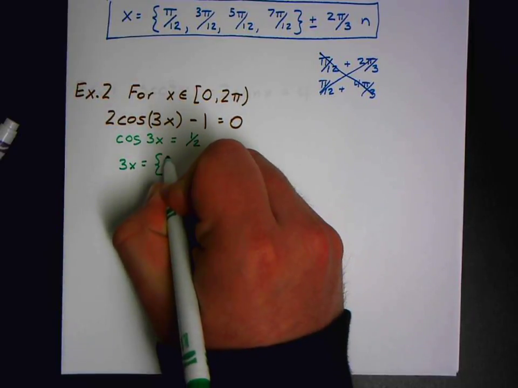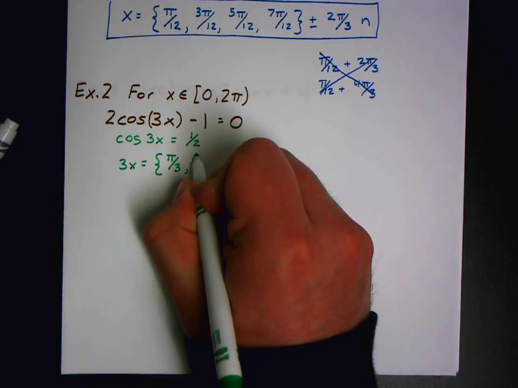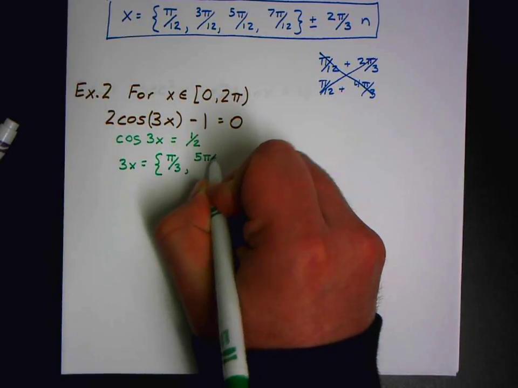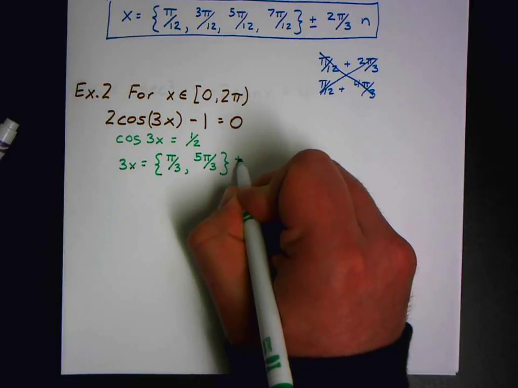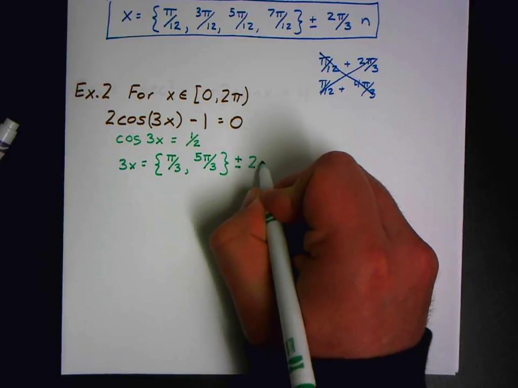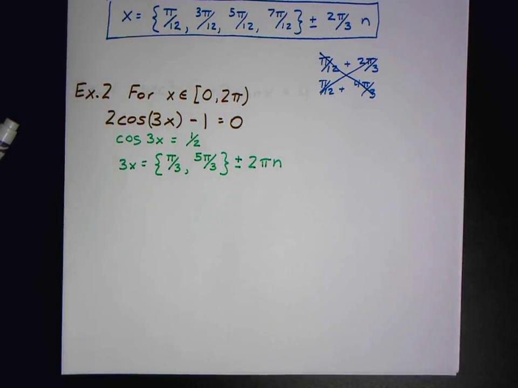Well, it's going to be at pi over 3 and 5 pi over 3. Okay, now I divide by the 3.